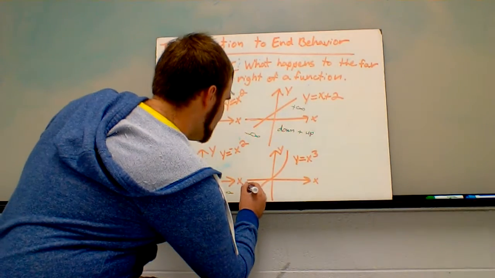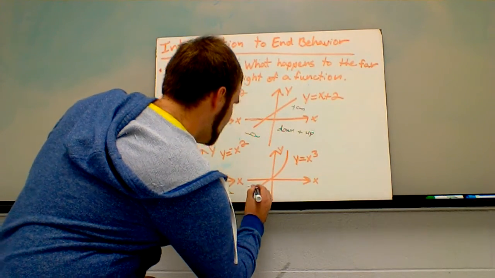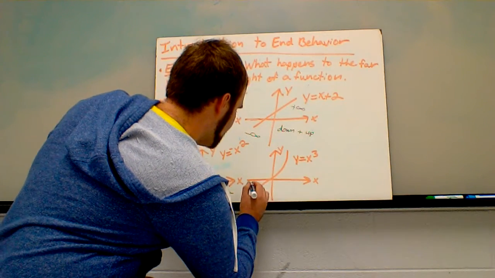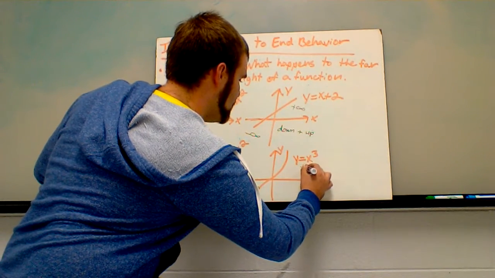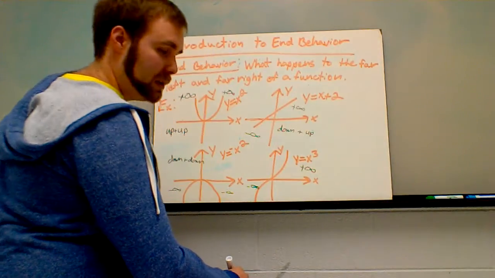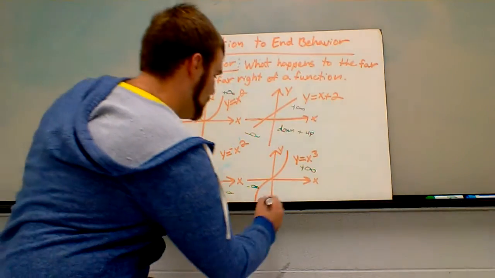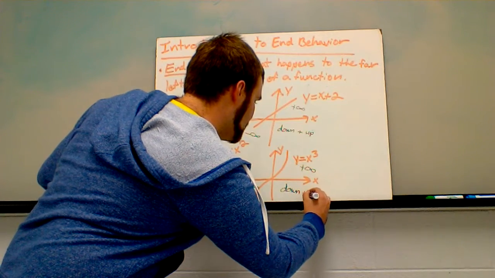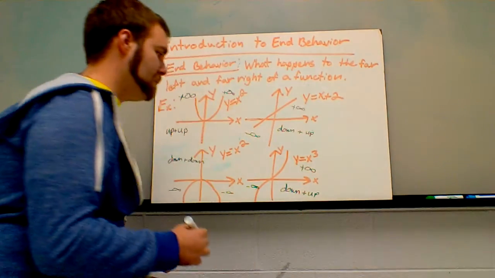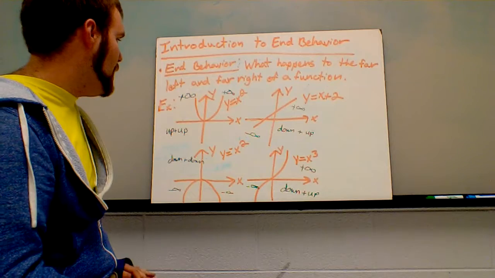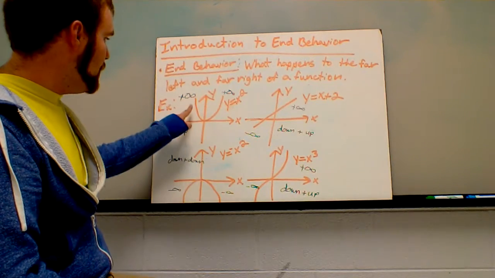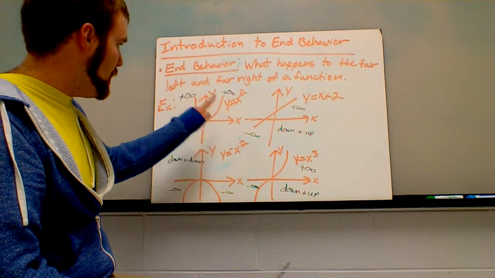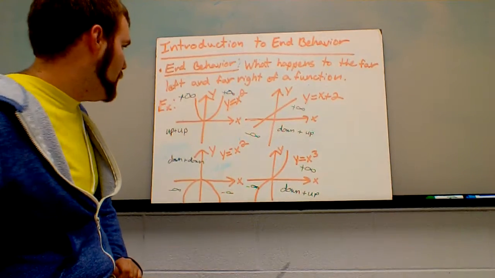So this part goes to negative infinity. This goes to positive infinity. So again, I have the behavior of down and up. It's just looking at my graph and saying my left side goes down, my right side keeps going up and up forever.